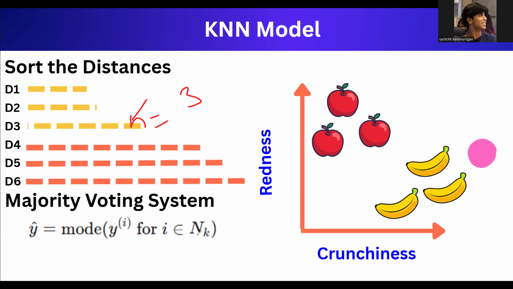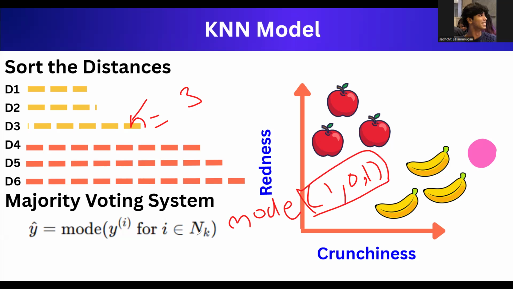I'm just making up these values; these are not the correct ones. Mode of 1, 0, and 1. It only takes 3 data points. Does this make sense why we're using K? Yeah, makes sense. Okay, that's how that works.